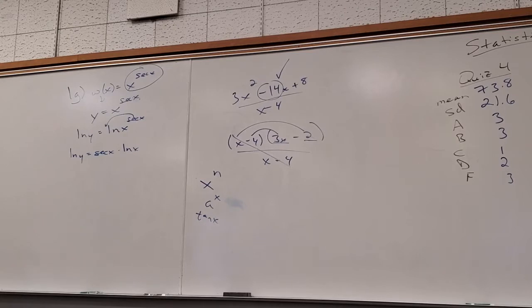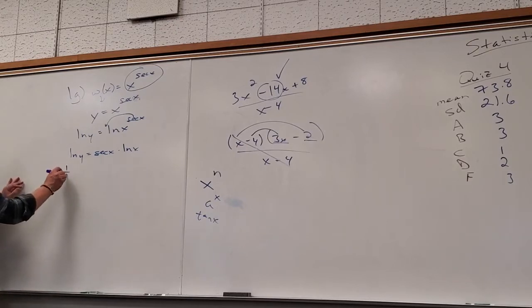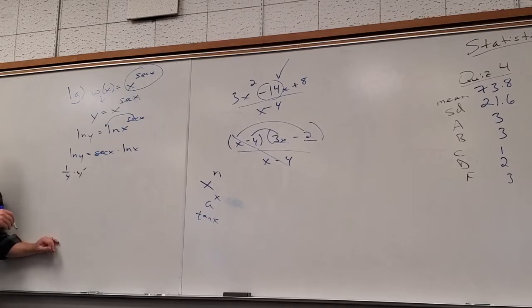I think the book has it in reverse, that's why. I think the book has it as g prime f and then minus. Oh, I see. Yeah. Depending on how you write the composite. Okay. So I mean, this would be 1 over y times y prime is equal, right? And then this would be a product rule.